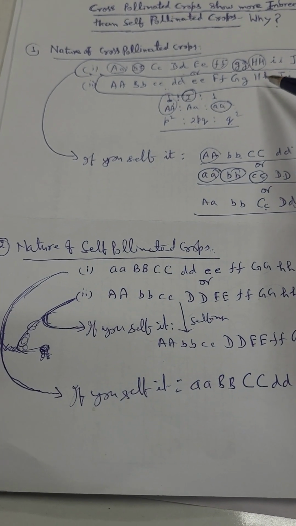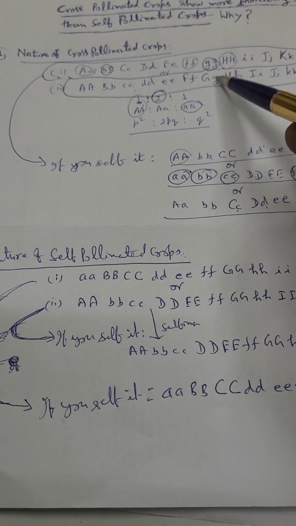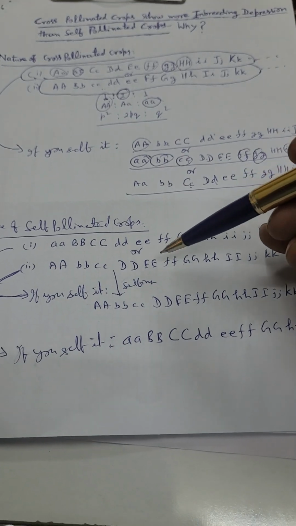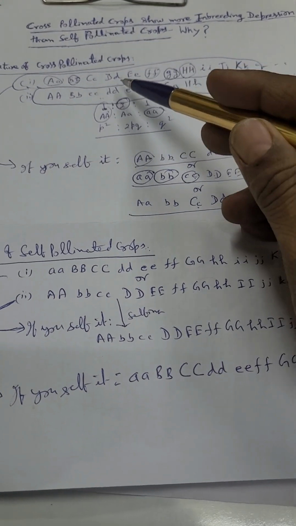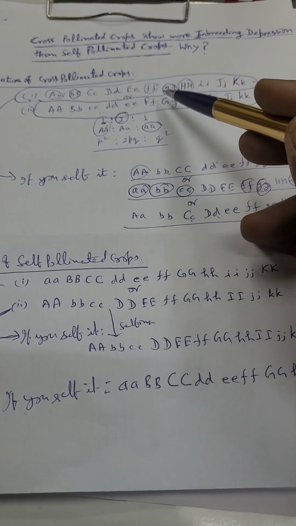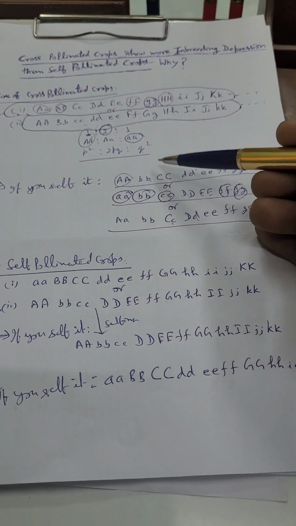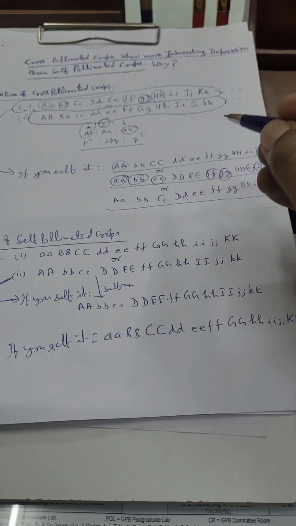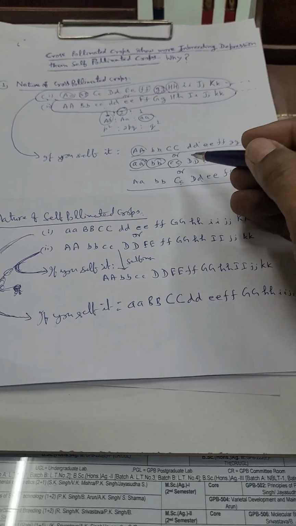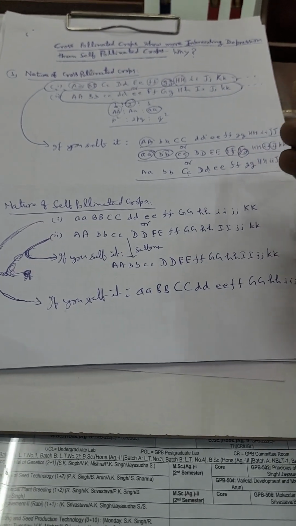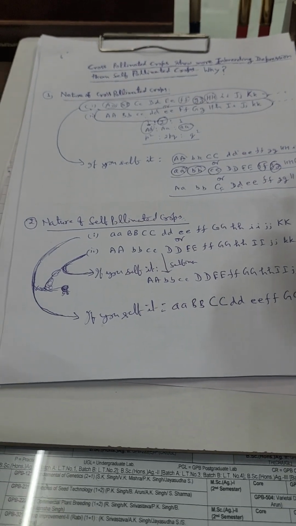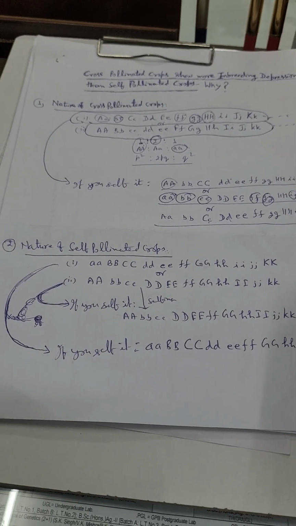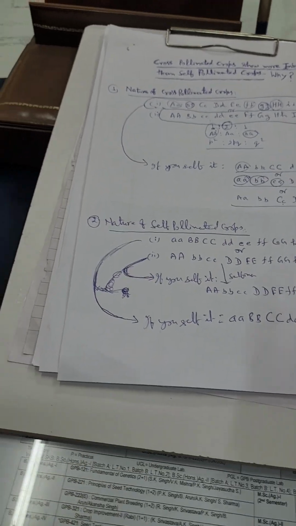So inbreeding depression, of course, will be higher in cross-pollinated crops as compared to self-pollinated crops, because the majority of the loci are in heterozygous condition. When you are selfing, they are going to become homozygous at deleterious alleles in many cases. That is why they give you depression in the individual getting the recessive alleles in homozygous condition.